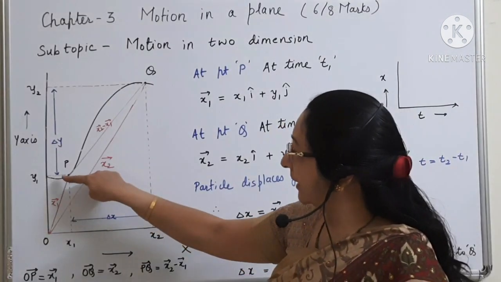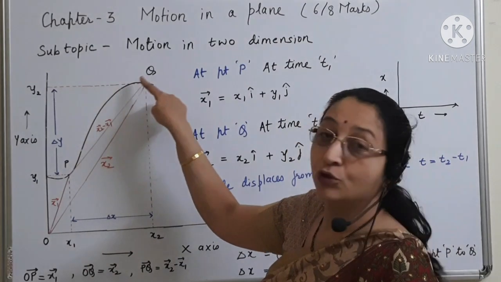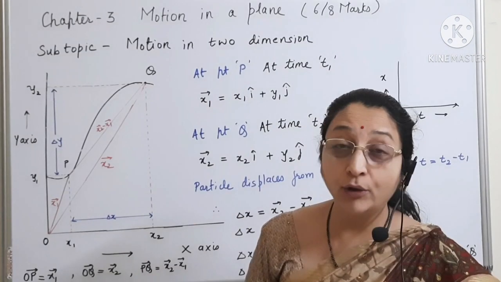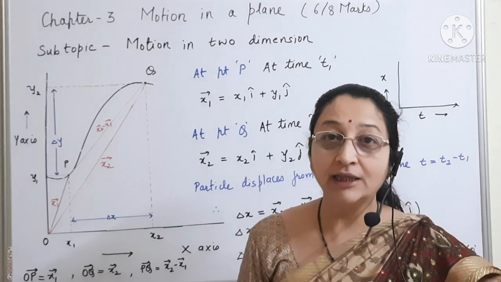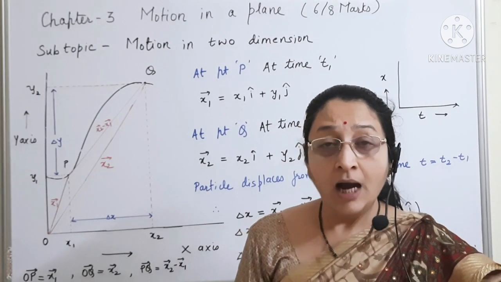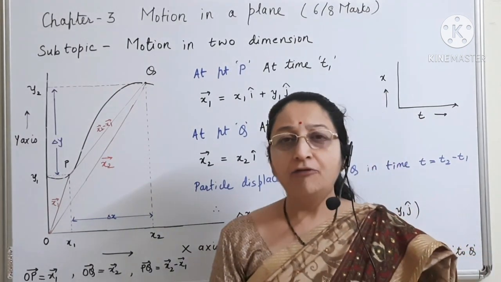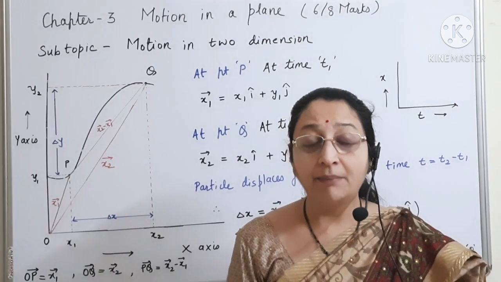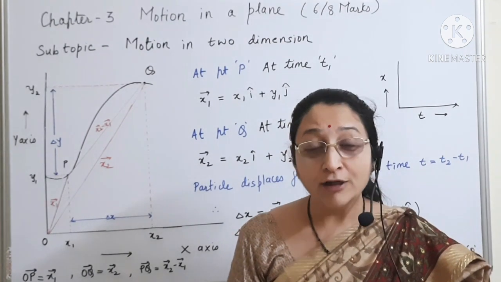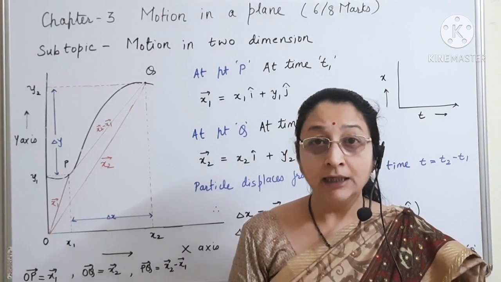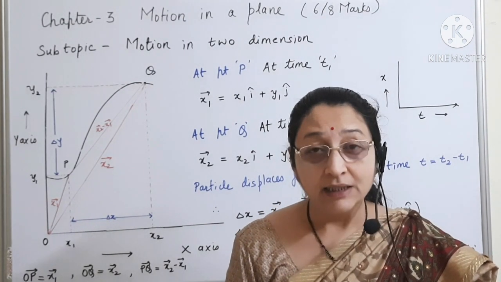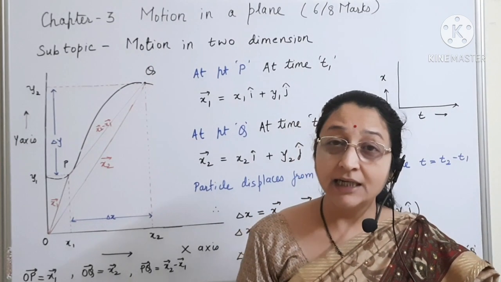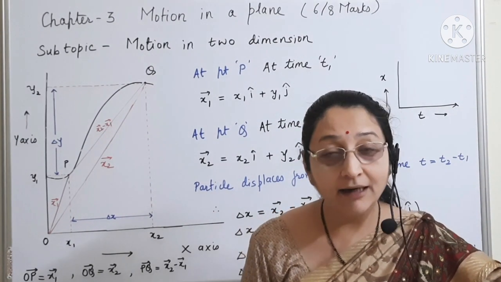Like supposing this particle is moving from point P to the point Q. So we are going to discuss the motion of the particle in two dimension, that is in a plane. Up till now, we have discussed the definitions of displacement, the path length, the velocity, the average velocity, the instantaneous velocity, the speed, that is the average speed, the instantaneous speed, the acceleration.